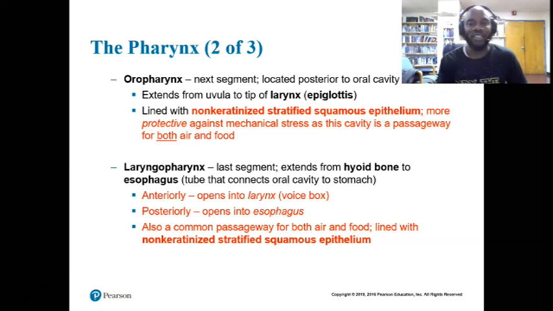Think about that. It's important that we be able to do both through our mouths at times, even though it's recommended that you breathe through your nose because your nose has more things to filter the air and to protect your body.